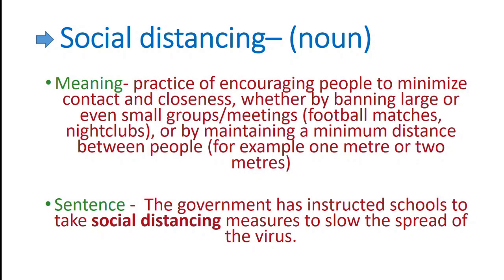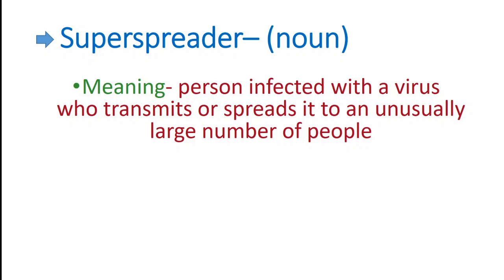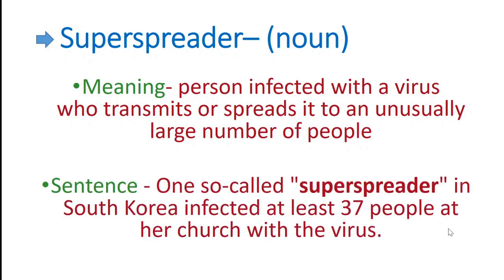Superspreader. Noun. Meaning a person infected with a virus who transmits or spreads it to an unusually large number of people. One so-called super spreader in South Korea infected at least 37 people at her church with the coronavirus.